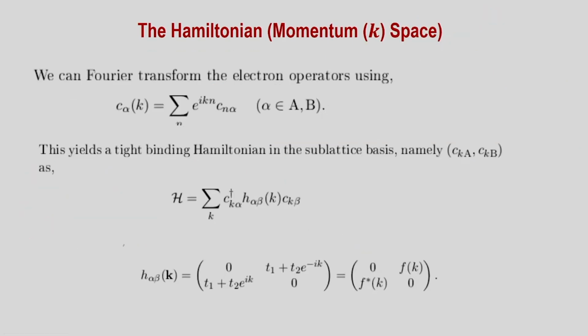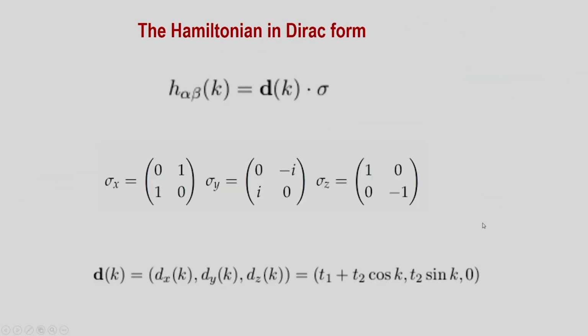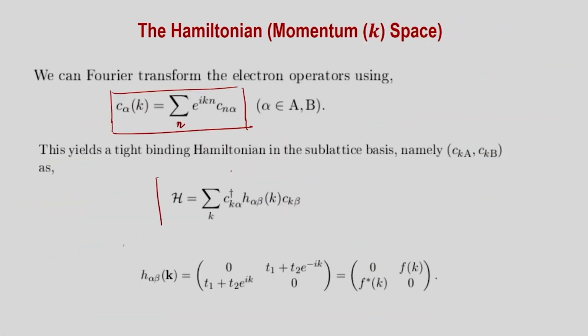All right. Because this system has translational invariance, one can do a Fourier transform. This is the operator for the Fourier transform, where n is the site index and alpha is the sublattice index. When you apply it to this Hamiltonian, equation number 1, let us call it equation number 2, then you get a Hamiltonian like this.